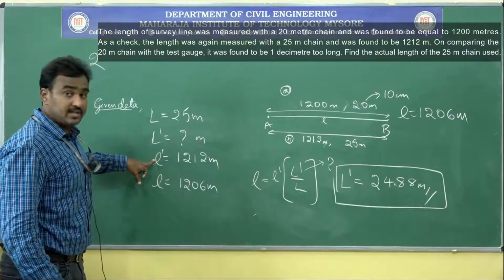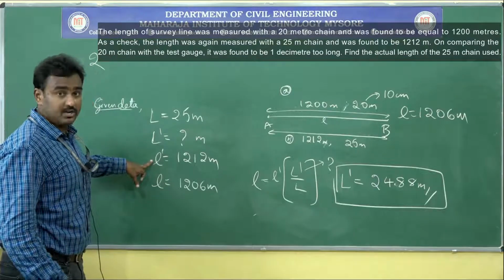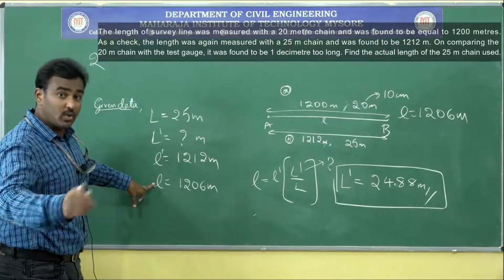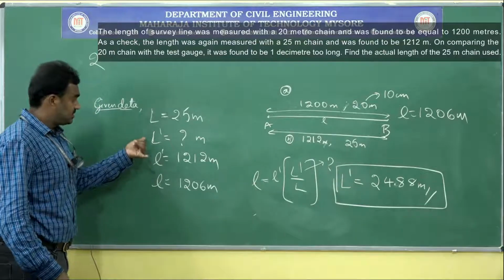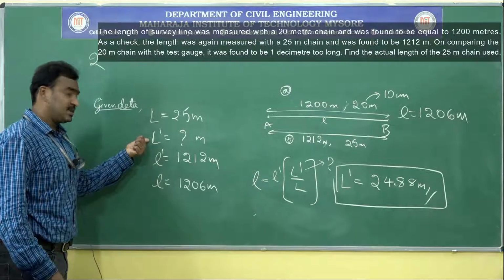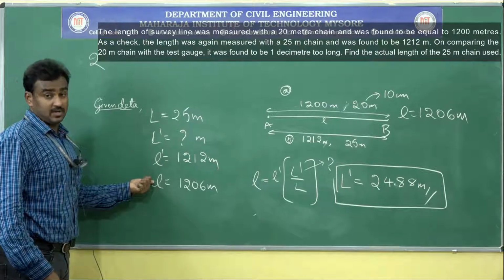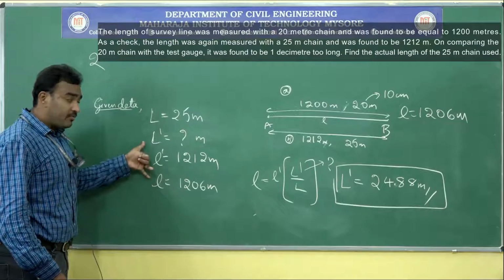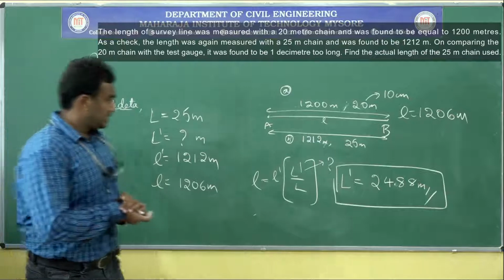Small l dash is the measured length of the chain. But small l is called the true length or actual length. So don't get confused over here. This incorrect chain length is also considered as actual length, and this true length of the survey length is also considered as actual length. But it is on field, hence it is mentioned as actual.